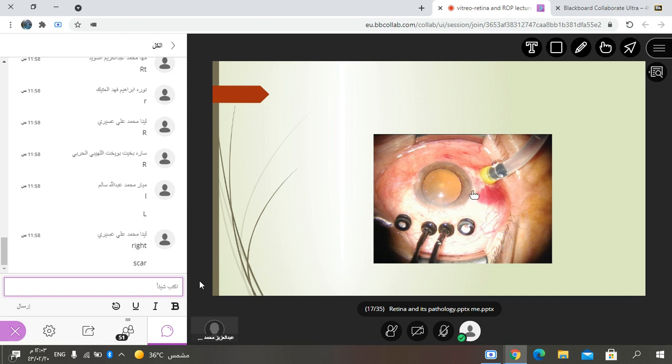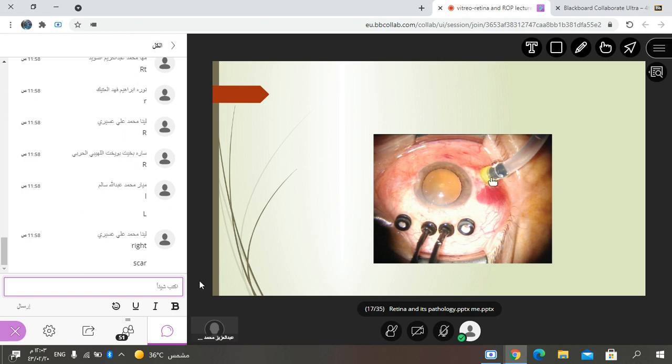This is the cornea, this is its end, and this is the start of the sclera. The ciliary body is around 1.5 to 2 millimeters from the limbus. We go behind it, around 3.5 millimeters from the limbus, depending on the age of the patient.